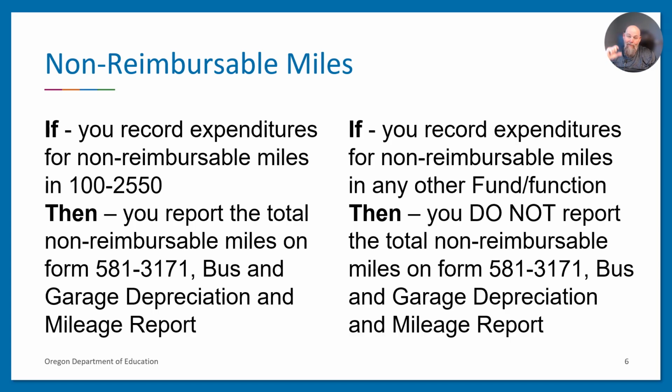But then I include those miles on the report, then that's going to reduce my total eligible expenditures, but I'm not getting paid for those expenditures because they're not in 125.50. So make it simple. If you record your expenditures in 125.50, put those miles on the report. If you don't include those miles in 125.50, do not include those on the report.